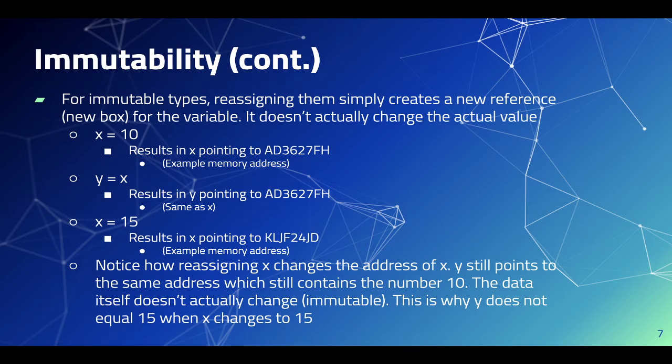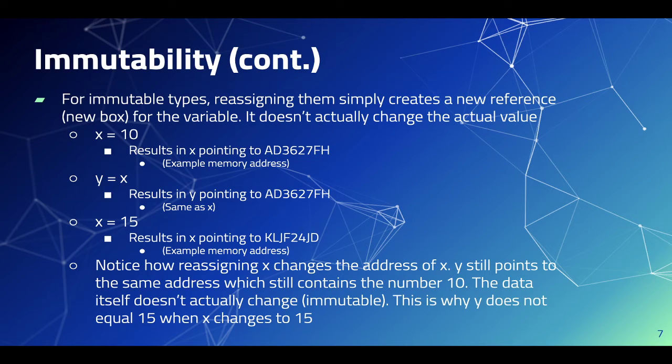But something's different. When we do x is equal to 15, the value at AD3627FH does not change to 15. That is important to remember. It does not change to 15. We create a new box, a new memory location, possibly KLJF24JD, that now contains 15.